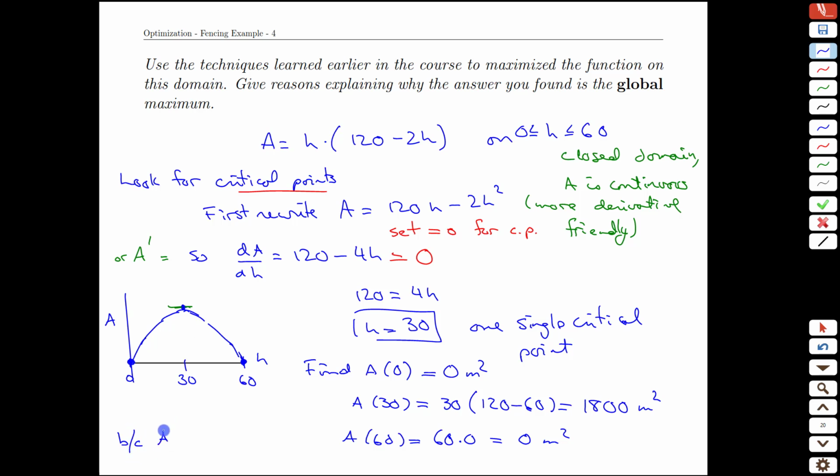And because A is continuous on a closed and bounded domain, and we check the three values that were possible, the two endpoints and the single critical point, which is all the critical points, A of 30 is the max area.